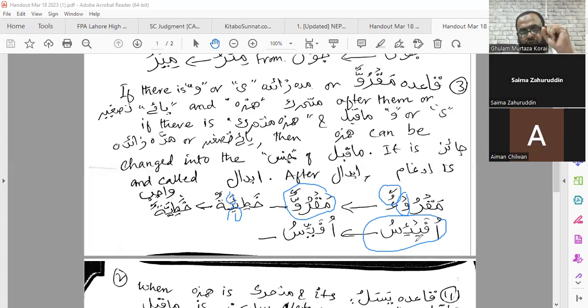So from maqru'un, it became maqruwun, and after that we make idgham, it will be maqruwwun. This first change was jaiz. The second change is wajib. Khati'atun becomes khatiyatun, and now khatiyyatun. And ufaisun becomes ufayisun, and now ufayyisun. Any questions?